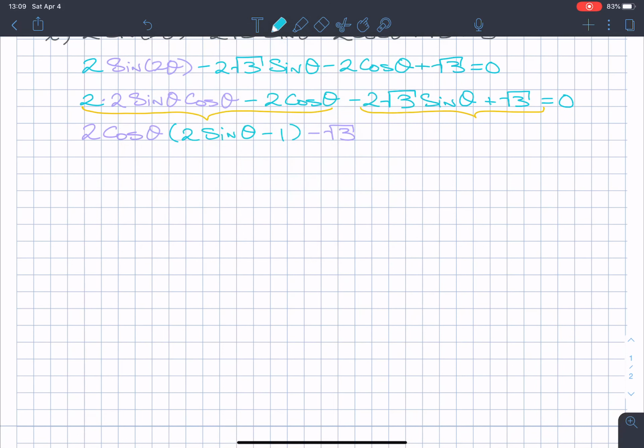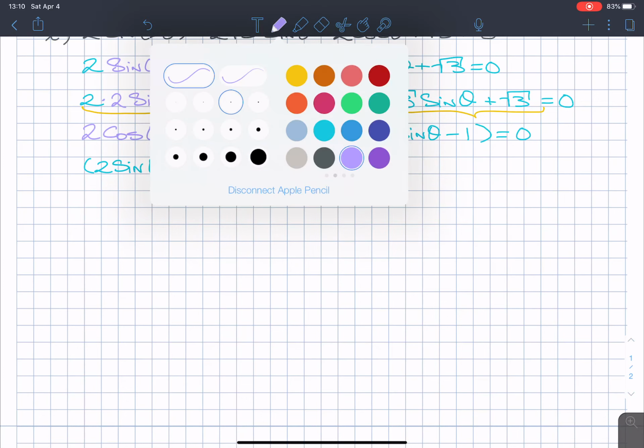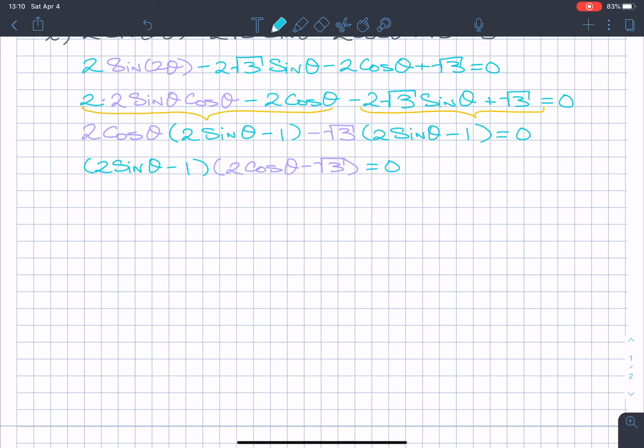And when I factor out a negative root 3, I'll have a positive 2 times sine theta and a negative 1 remaining. Okay, so these both have a 2 sine theta minus 1 factor attached to them, which when I factor out gives me 2 cosine theta minus root 3, which I then set to 0. And now I can solve.